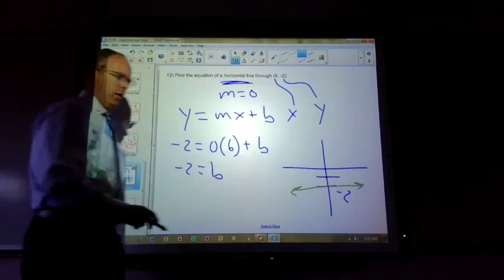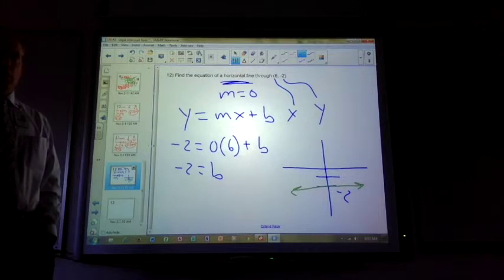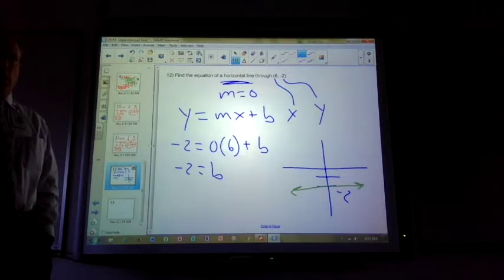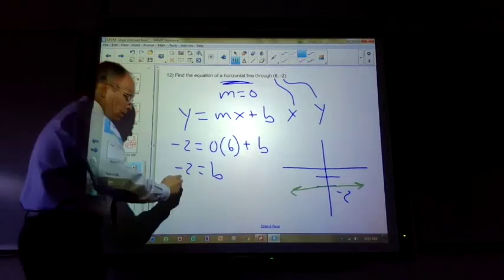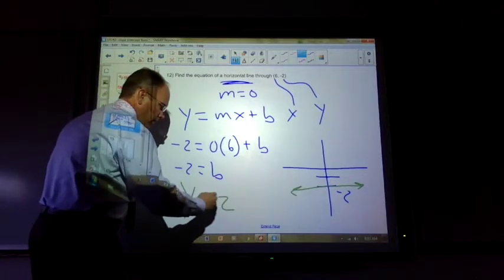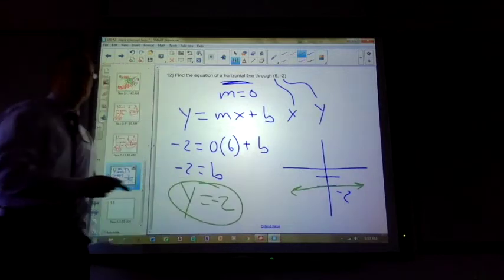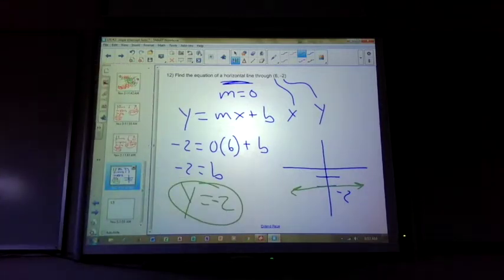So what's my equation then? Almost. You said y equals. y equals what? y equals negative 2. So wait a minute. If you have a horizontal line and you know where it crosses the y-axis, my b value, that's the same thing as y equals.